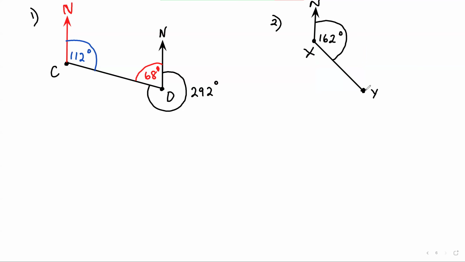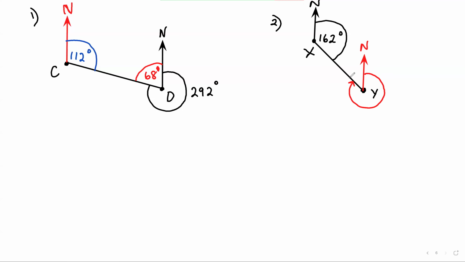That is the bearing of Y from X. So if I want to find out what is the bearing of X from Y, I need to put my north line at Y, because now I'm looking in the other direction, right? So my north line goes at Y, and the bearing of X from Y will be this angle on the outside here. That's the bearing of X from Y.